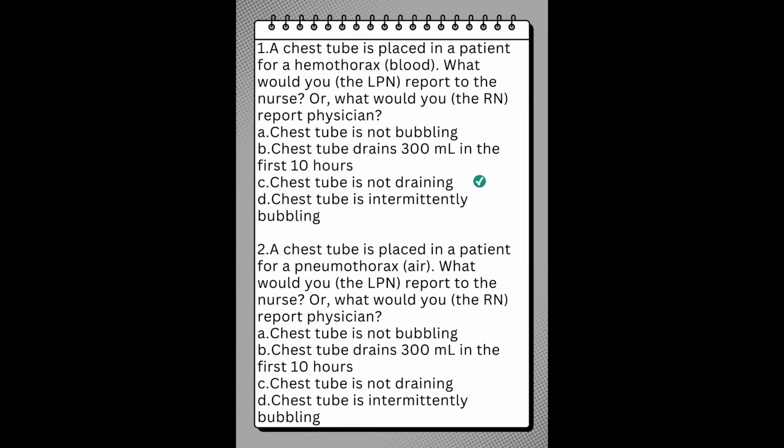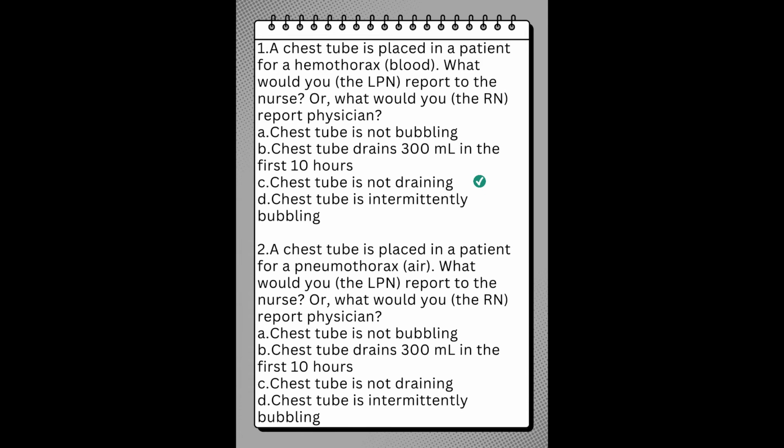A, chest tube is not bubbling. D, chest tube is intermittently bubbling. Why is a chest tube inserted for pneumothorax? A chest tube is inserted to remove air, and one of the signs that air is coming out is bubbling. So if option A says chest tube is not bubbling, it's a sign of concern.